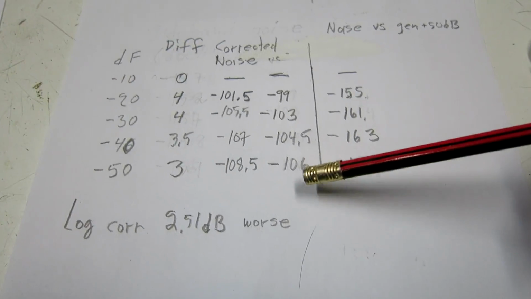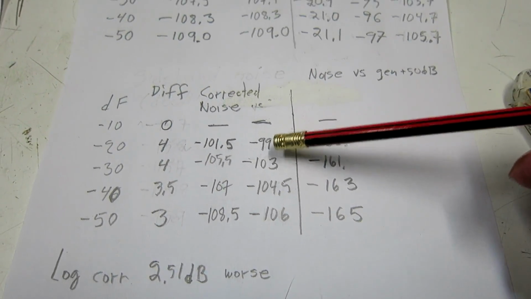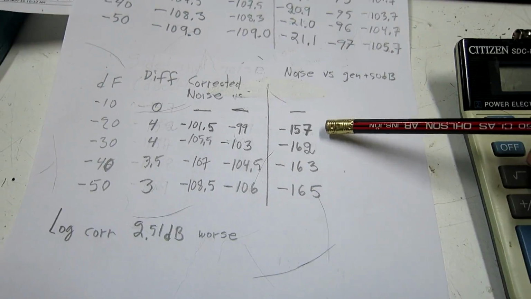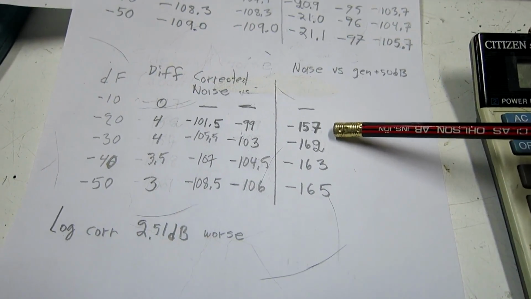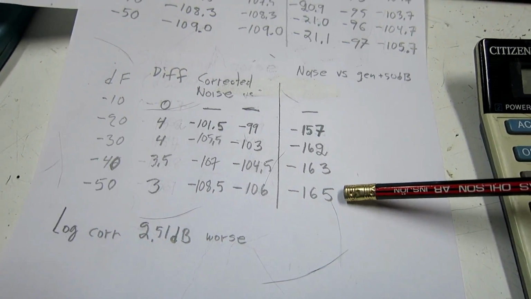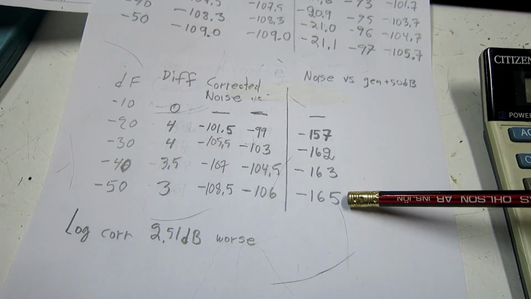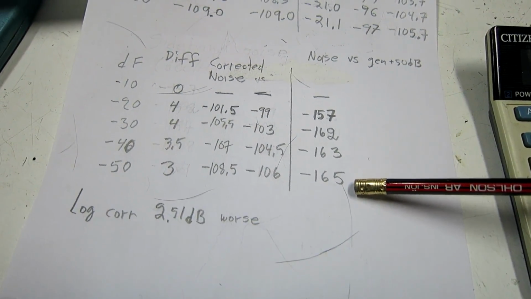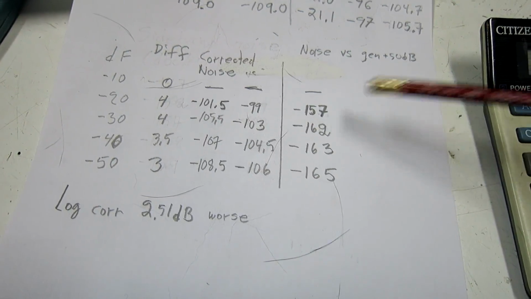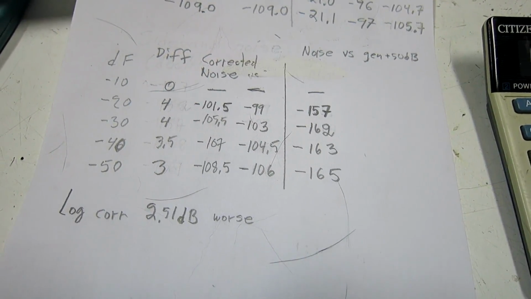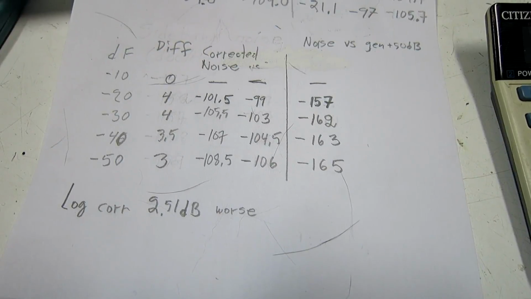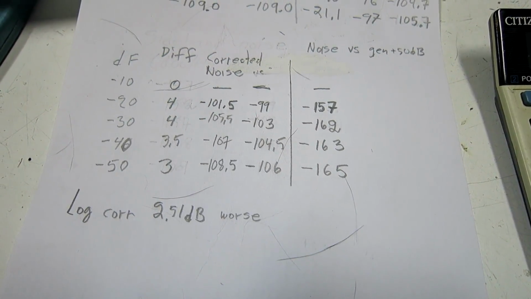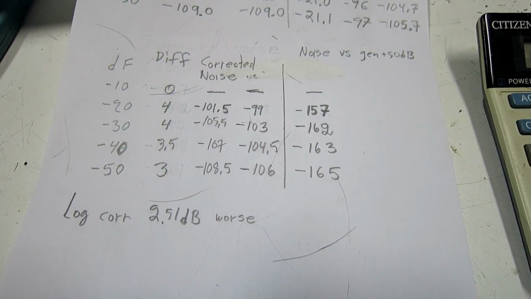So this table, this column minus that column, gives me this final result for the sideband noise of the LO itself without the buffer amplifier. Now this is while it is still disturbed by this instability on the noise, so the real performance is a little bit better than this.